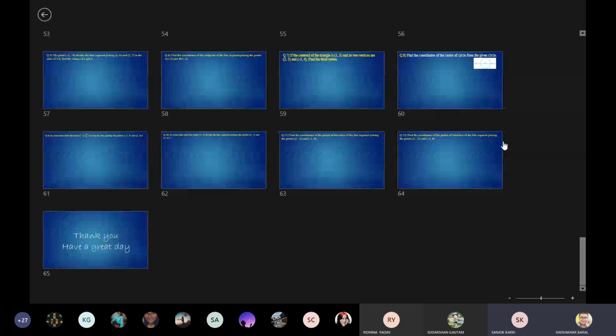Very good. External division? m1 x2 minus m2 x1 by m1 minus m2, m1 y2 minus m2 y1 by m1 minus m2. Yeah, very good. And in fact, it's a very easy formula also. I don't know why you are being so negligent not to remember the formula.